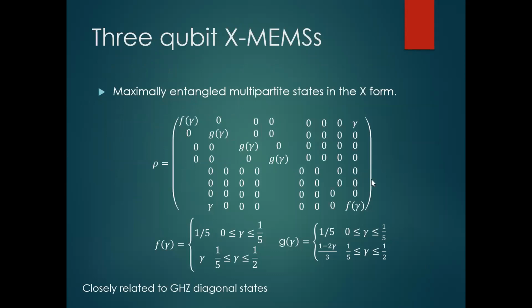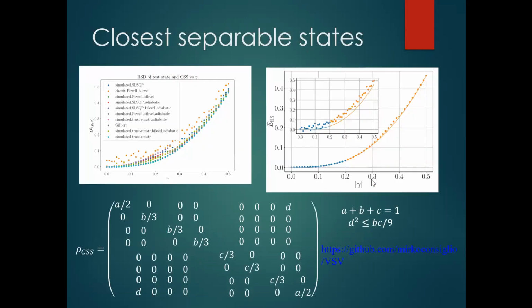So the idea is that you just take an arbitrary new state of 3 qubits, and then you try to fit the parameters. These were the states that we considered, maximally entangled X 3-qubit states, and these are different optimizers put in the same graph.